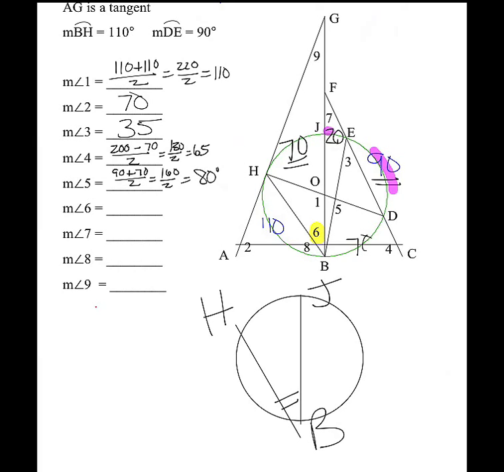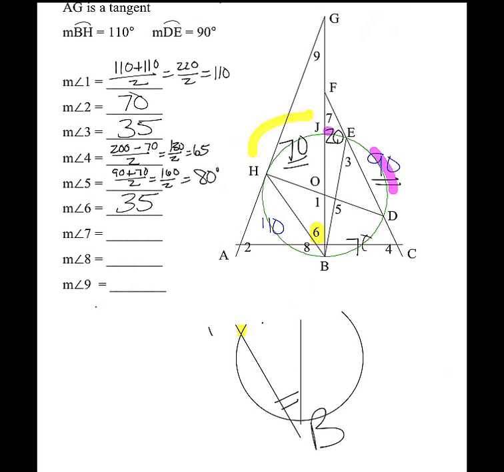So what I need to know is what is the arc from H to J, because that's what's being intercepted by this angle 6. Well, in my picture I can see from H to J is 70 degrees. So if this is a 70-degree arc, angle 6 has to be exactly half, which is 35.